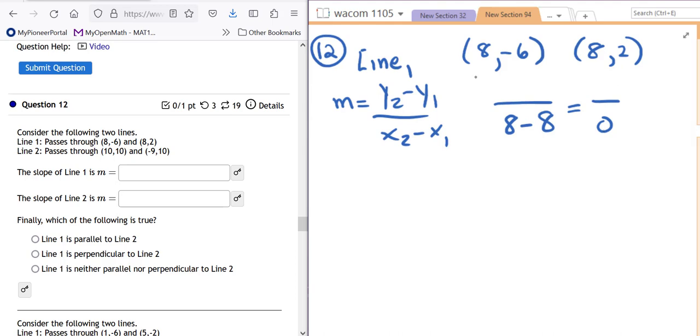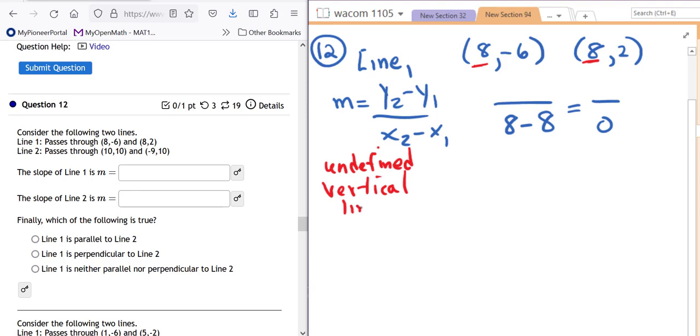So my coordinates matched, and these were in the X spot. This is undefined, and this is a vertical line. The other situation has the Y's the same.